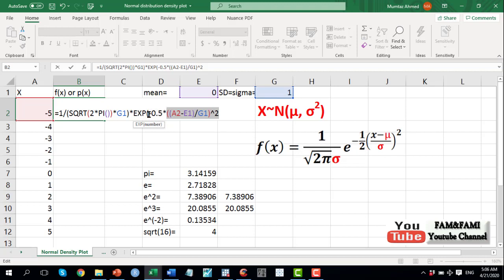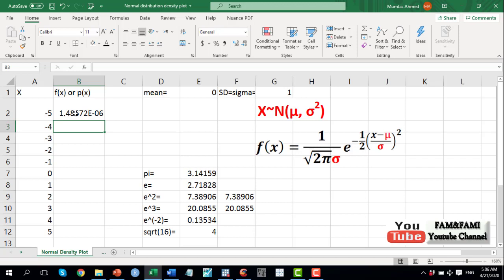This parenthesis must be closed at the end. So that's it. We have put this whole expression as an exponent to this constant e. Once you are done with this, press enter, and you will get this result.